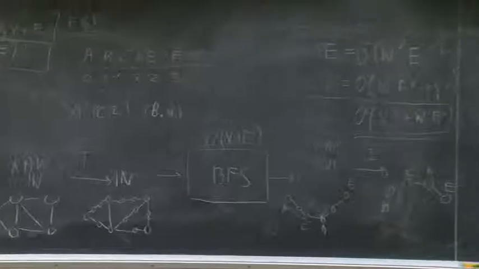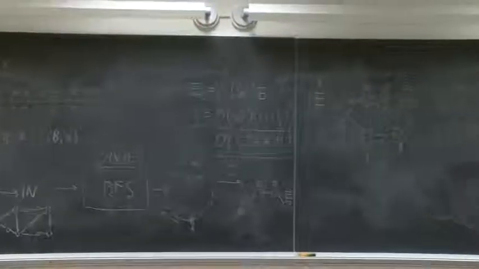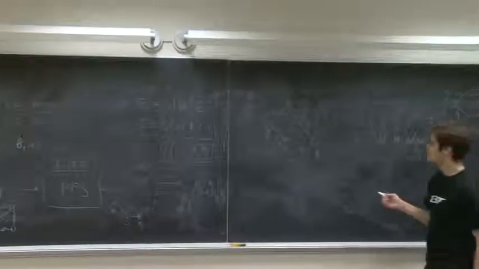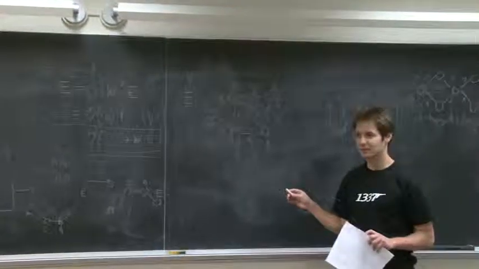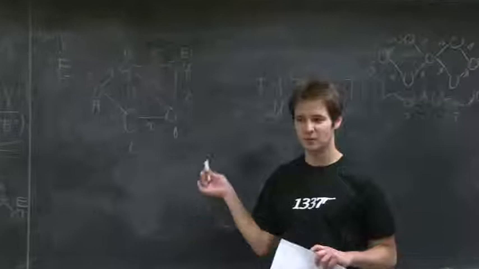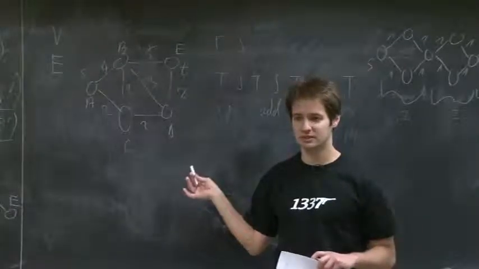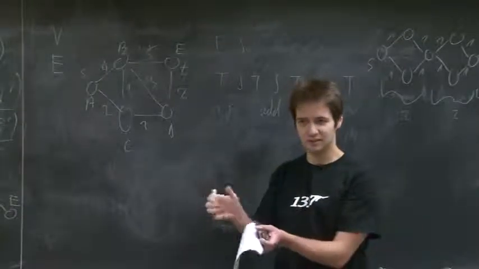Okay, so let me give you one more piece of intuition. We're going to keep track of state somehow. So remember Rubik's Cube? We had one vertex for each state, right? A state represented a configuration of the cube.